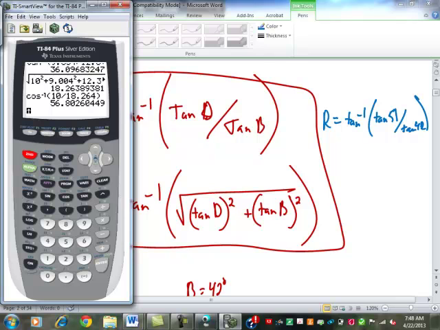So I do second tangent. Now in the parentheses I do tangent 51, close the parentheses, divided by tangent of 42, and close the parentheses twice. It spits out 53.90.